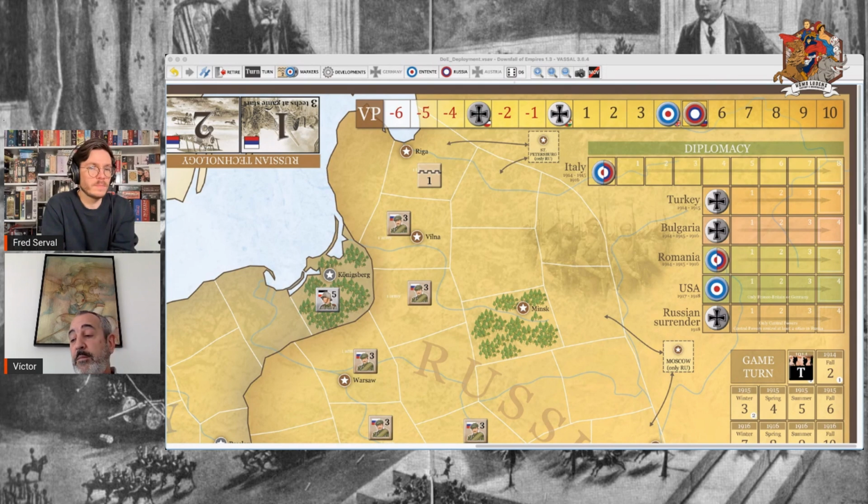Yeah, you can lend, and it's very important because historically it was like that. But the way it works very well is with victory points, because the victory points of the Austro-Hungarians are also for the Germans. The Germans are very interested in lending armies to Austria-Hungary. Okay, but it's not the other way around. So the victory points for the Germans are not increasing the ones for the Austro-Hungarians.